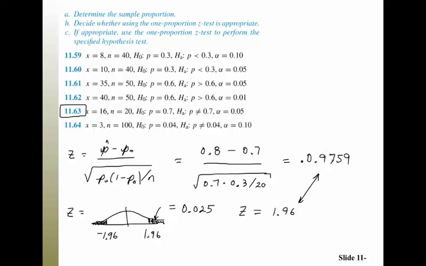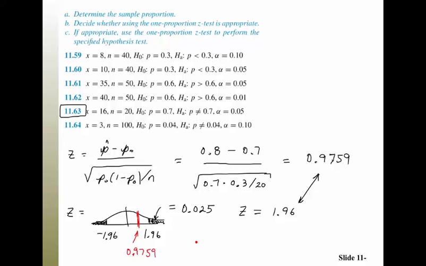Our distance from this 0.7 is about 0.98 standard deviations. Reject or no reject? Do not reject, right? Here's our test value. That's in the non-rejection region.